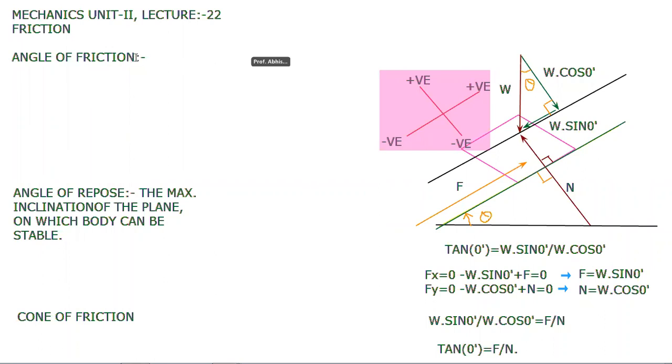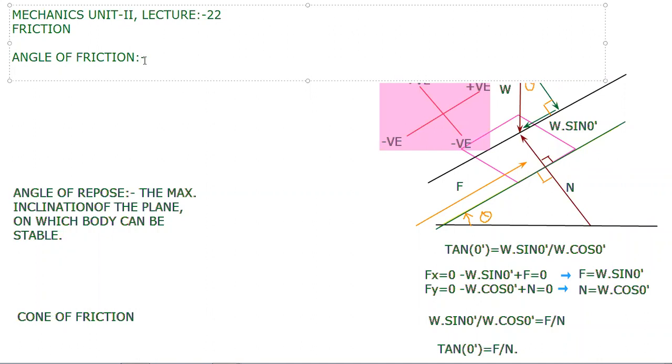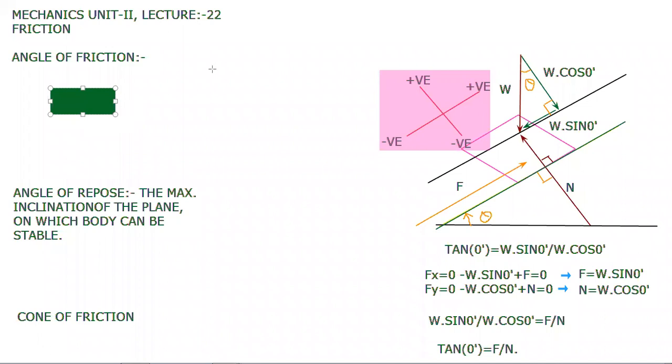Yesterday we have seen the angle of friction. What is the definition of the angle of friction? As your force increases, your theta also increases. Yesterday we saw a diagram where a force is applied in this direction, and you have a normal reaction in the upward direction.